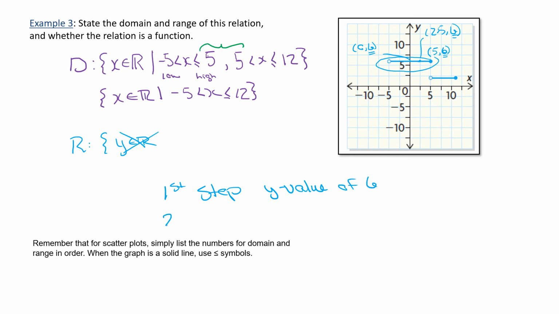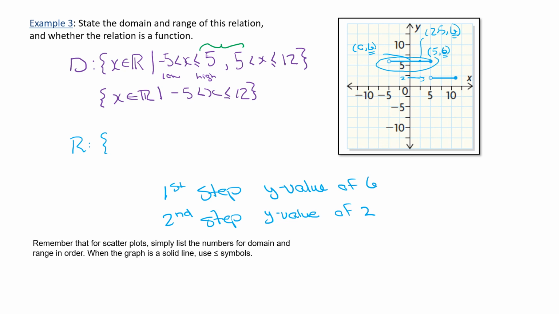The second step, what's the y value there? It's a little hard. I'm going to say that's a 2 right there. So let's just say that's a y value of 2. Second step just has a y value of 2. So that's our total range.